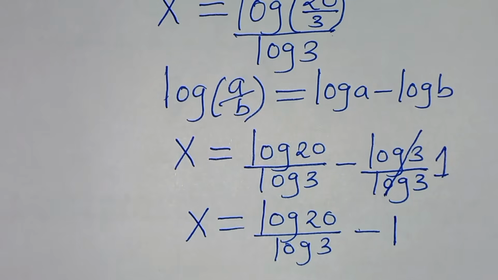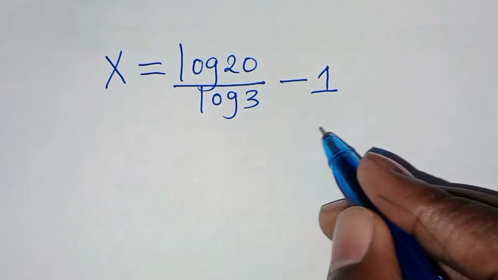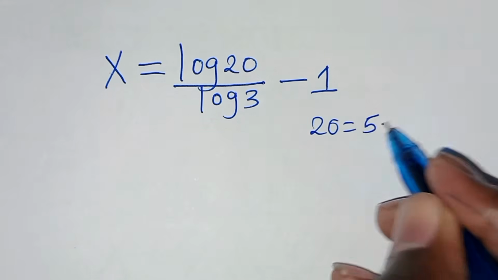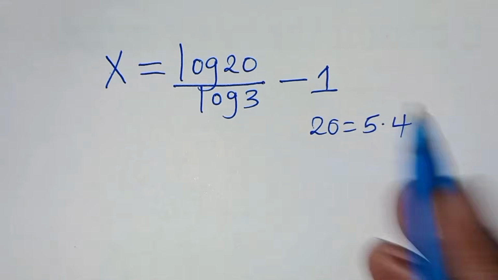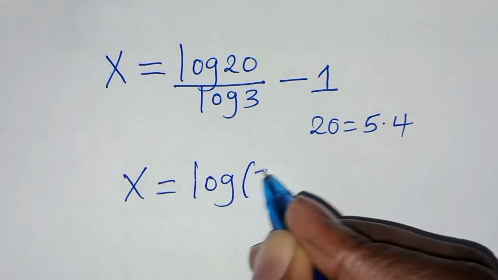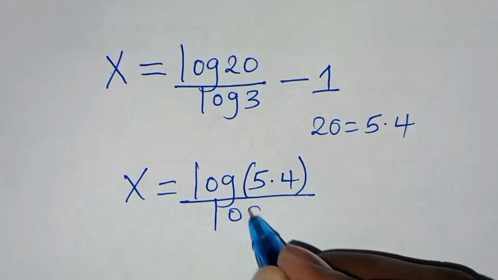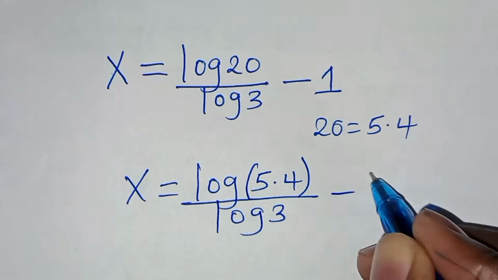So let's proceed from here. We can express 20 as 5 times 4. Substituting this, we'll have x is equal to log 5 times 4 divided by log 3 subtract 1.